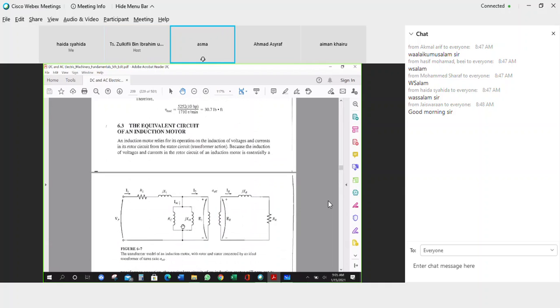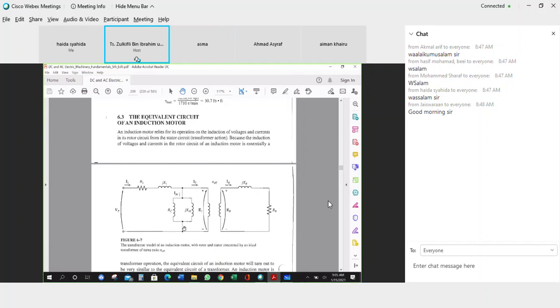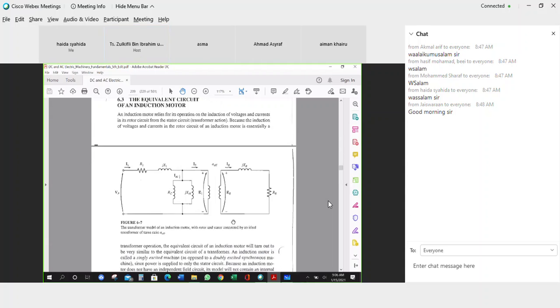Alright, so this is the equivalent circuit of an induction motor, whereby you have two separate equivalent circuits. The first part represents the stator, and the second part will be the rotor.